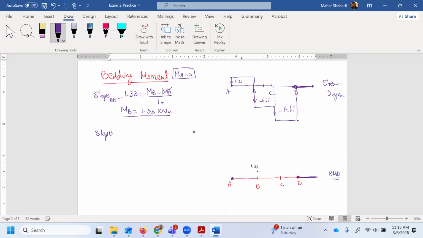The second one, slope for B, but I have C prime, so I have to take it from B to C prime. Although BC, it should be the same. But because now we have that jump, it's going to be like this due to that moment, or it would look like this.